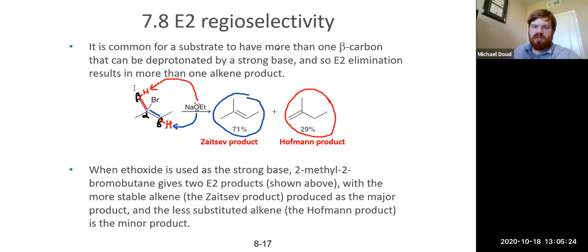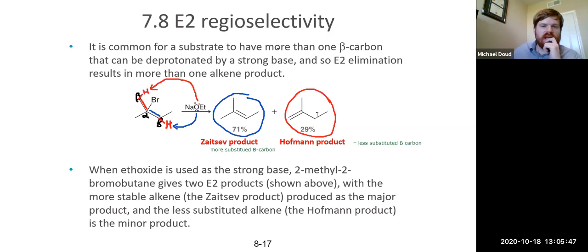Deprotonating the less substituted beta carbon gives you the Hofmann product. So Zaitsev, more substituted beta carbon, and the Hofmann, that's from the less substituted beta carbon.